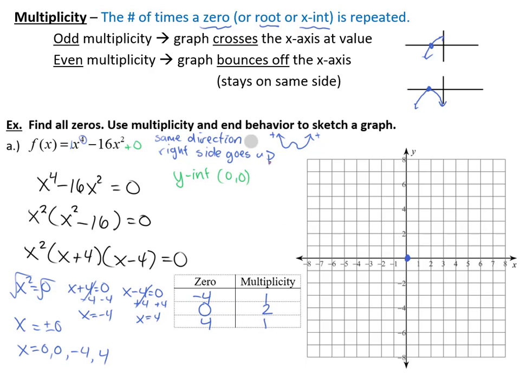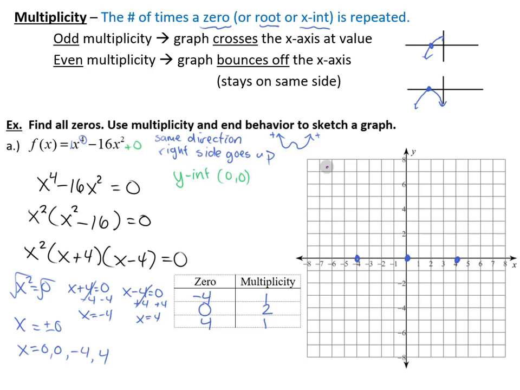So here's how we're going to use this to roughly sketch a graph. I know my graph is going to cross the x-axis at -4, 0, which we've already graphed, and +4. So it's going to at least touch the x-axis at those points. It might bounce off or it might pass through, depending on if our multiplicity is even or odd. So I'm also going to come back to my rough sketch. I know from the left-hand side, it's coming from above.